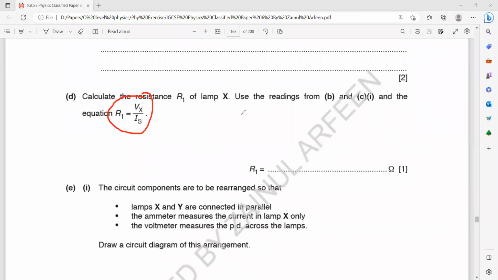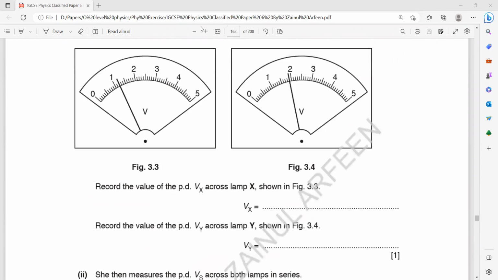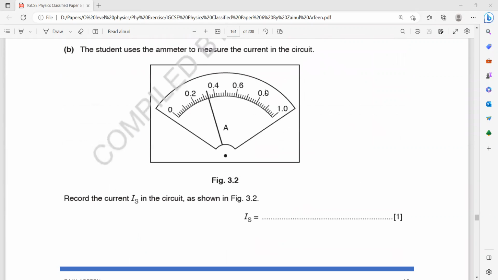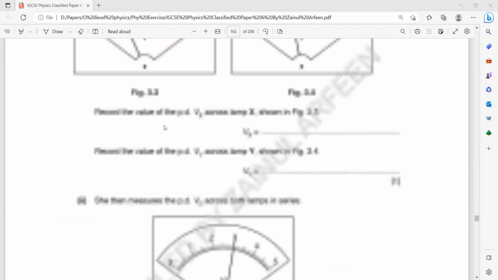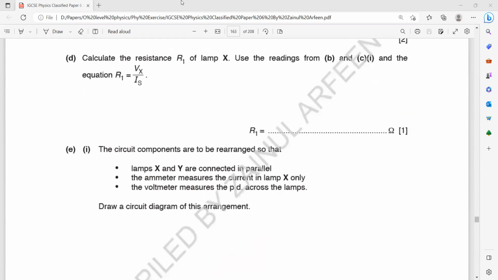So what was Vx? Vx was 1.2. And what about Is? Is is the current which we got at the beginning of the question. That Is was 0.34 amperes. So we just have to divide these two values. The voltage was 1.2 and the current was 0.34.